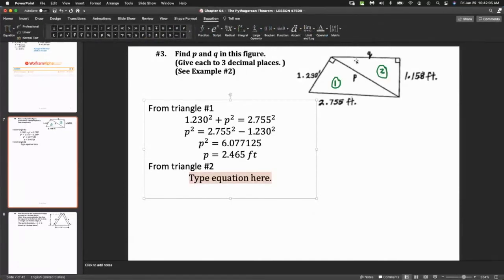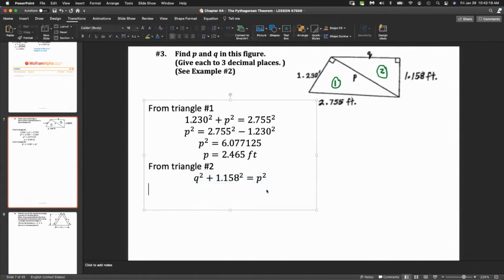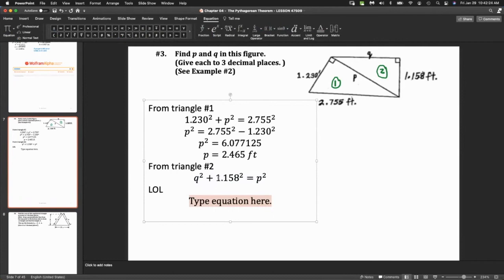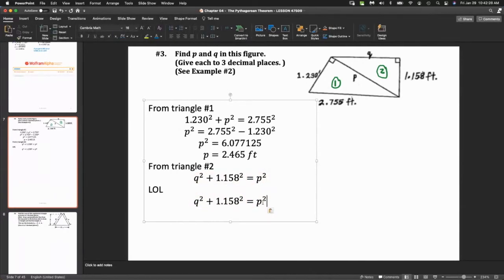What's the longest side on triangle number 2? Yeah, it's P. That's right. So Q squared plus 1.158. And now I'm going to do a lol. Shalon, focus on what the question says, because the question will tell you.